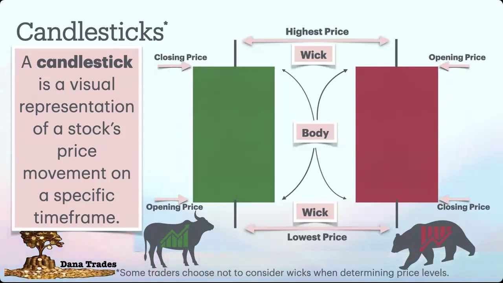Many trading platforms will allow you to choose your own colors if you want to, but to quickly identify bullish and bearish, I've chosen green for bullish and red for bearish. The body of the candlestick captures the open and close price. A wick or a thin line at the top of the body illustrates that the stock's price increased higher but was unable to maintain that highest price at the time frame's close.